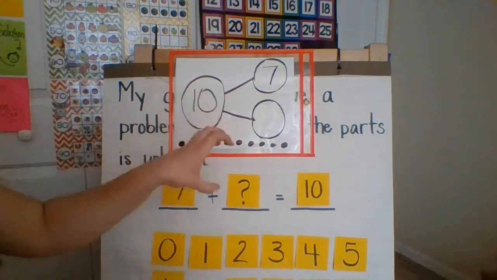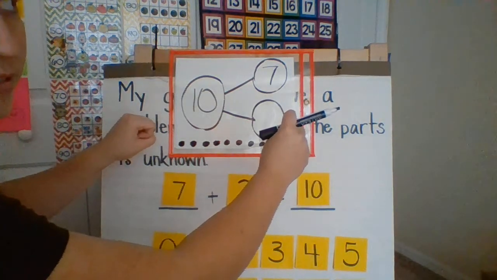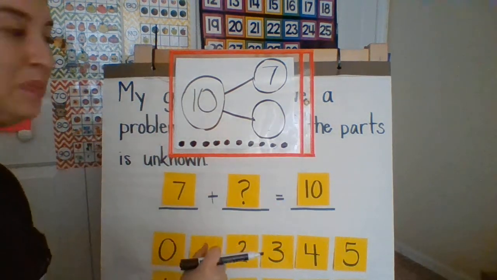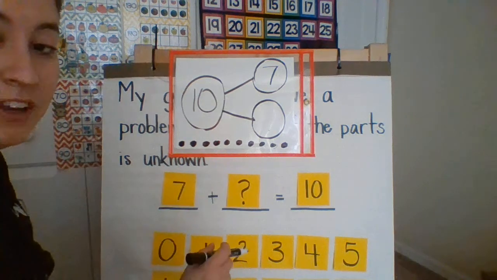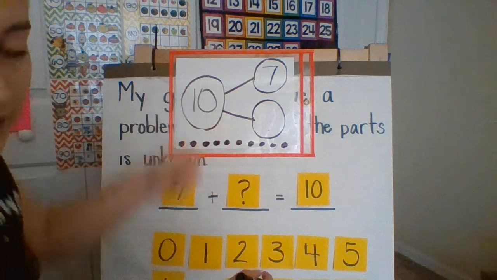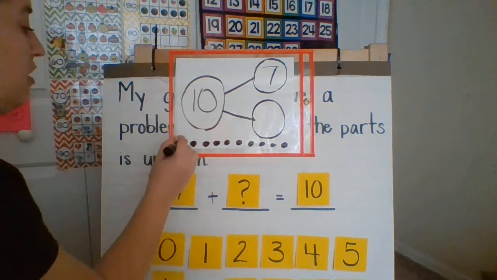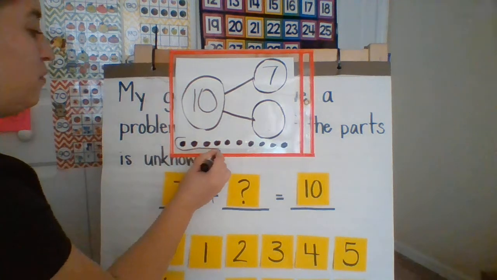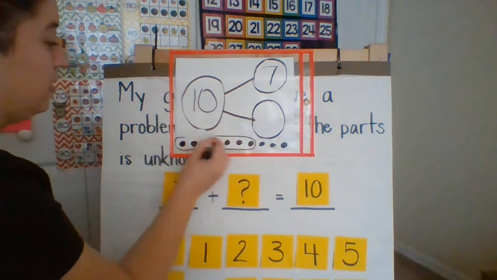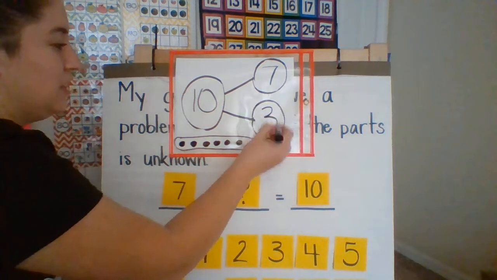You should have a group of 7 and a group of, let's see. So I'm going to circle 7 of them, like I'm putting them in a group together, because I can't put mine in a group together because I don't have cubes in front of me, but I'm going to circle 7 of them so that they're in a group together. Ready? 1, 2, 3, 4, 5, 6, 7. How many have to be in another group? 3 of them. Very good.